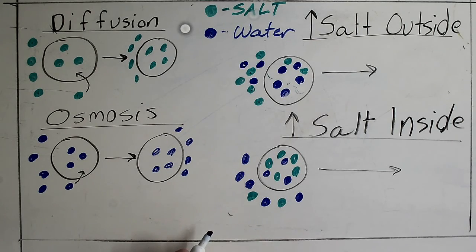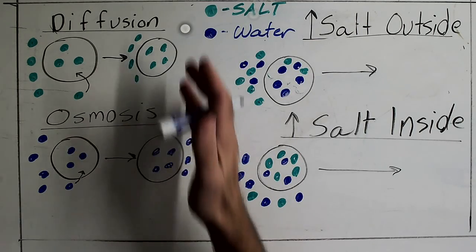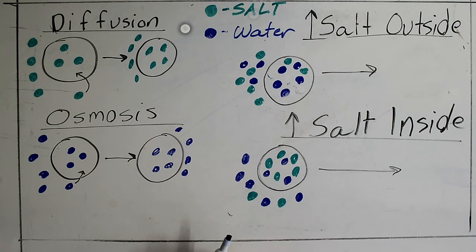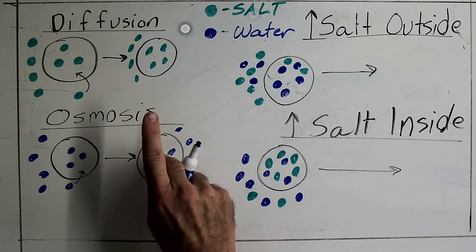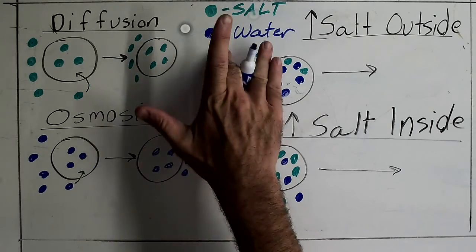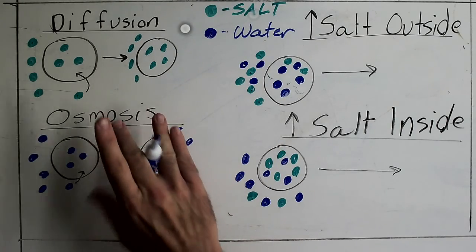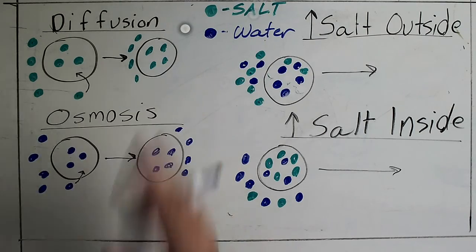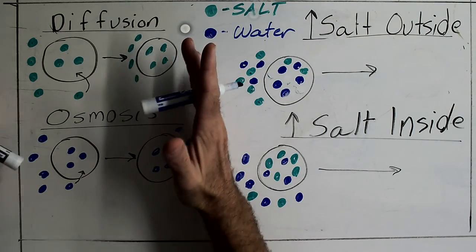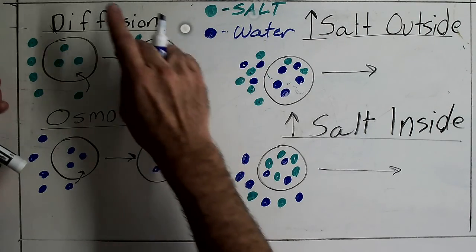And you might be thinking, well, this is exactly the same as that. Well, you'd be right, with one exception. We're working with water here, and if it's water, it's called osmosis, but the process is exactly the same. So that's not too bad.